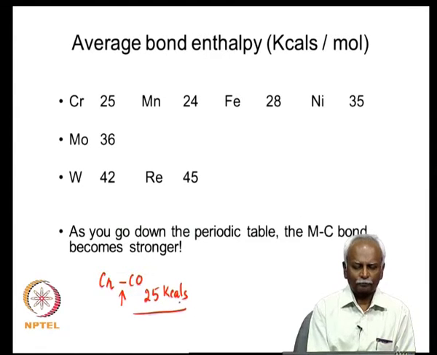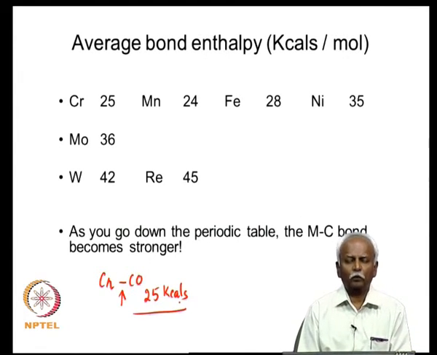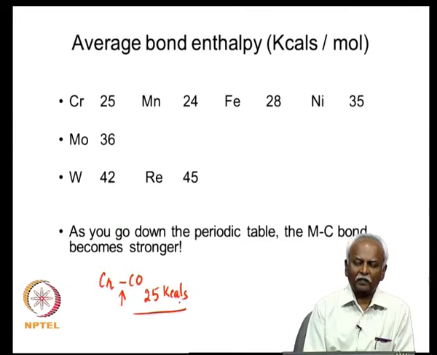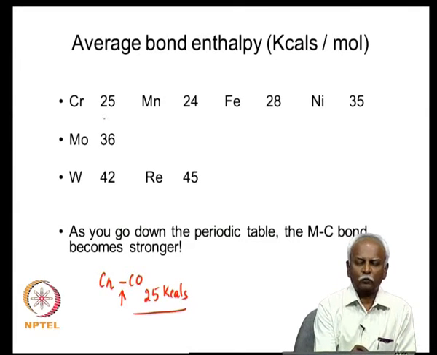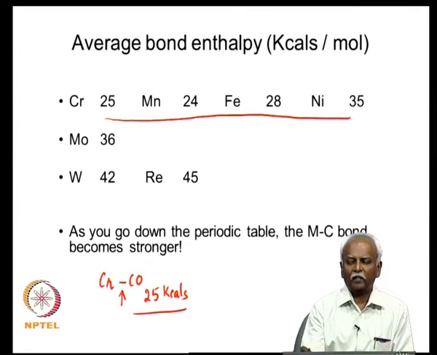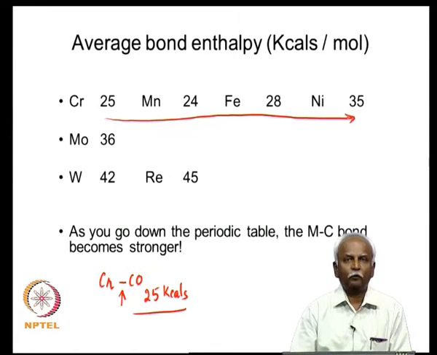So, similarly, if you look at all the metals, you find that the average bond dissociation energy is not varying much as you go from left to right in the periodic table. All of them have an average of approximately 25 to 26 kilocalories per mole.